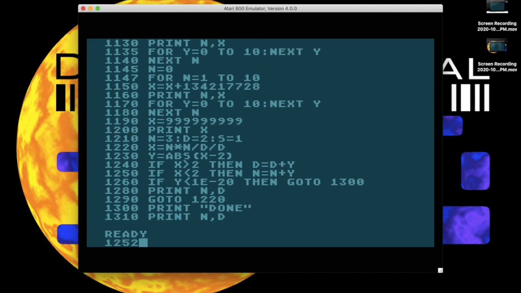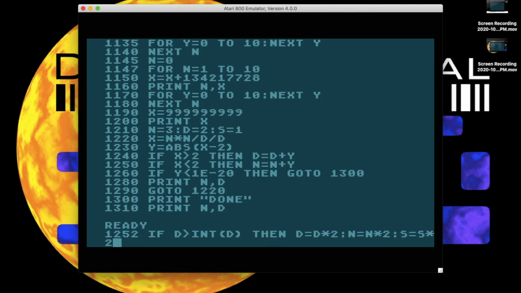And we go if d is greater than int d, then we double everything. d equals d times 2, and n equals n times 2, and scale equals scale times 2.